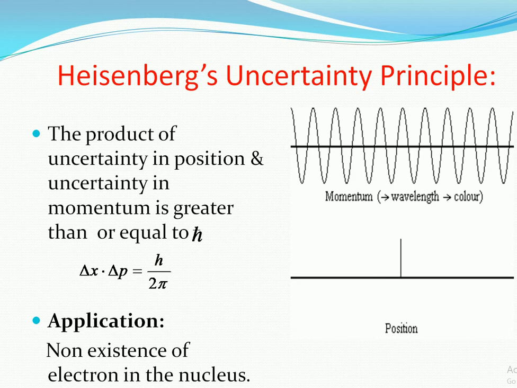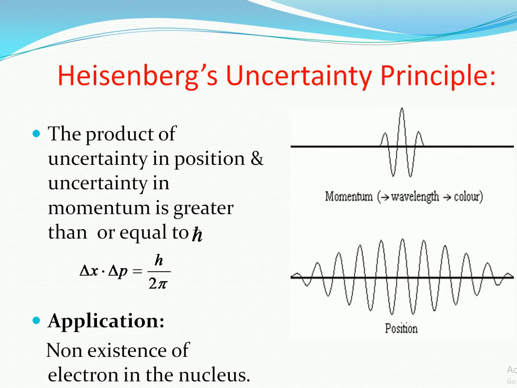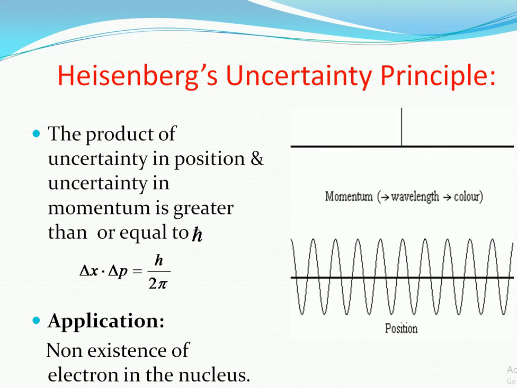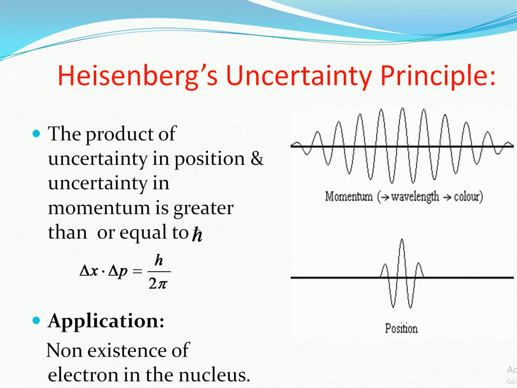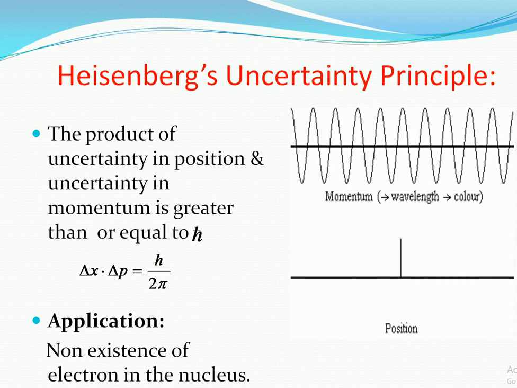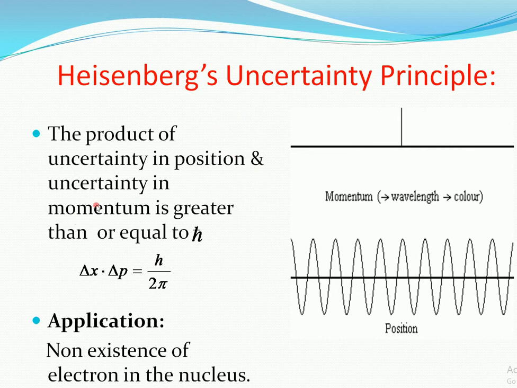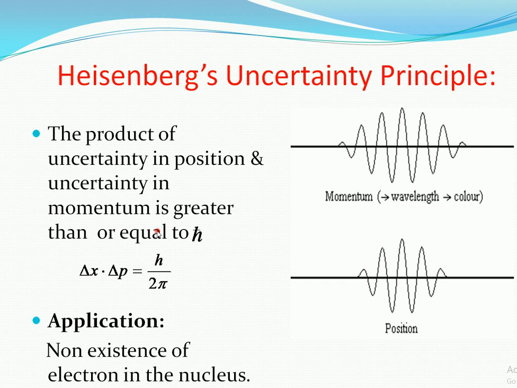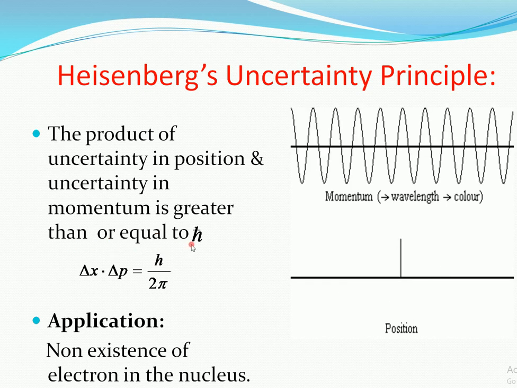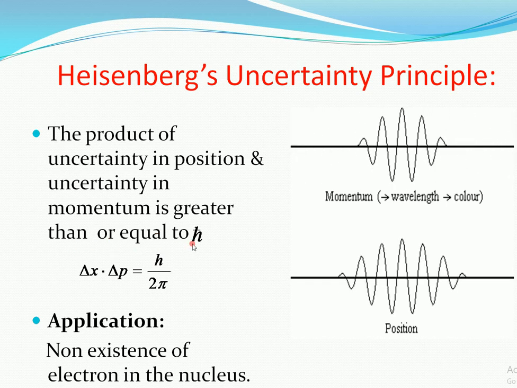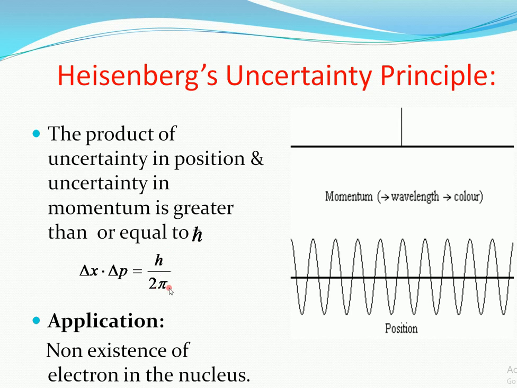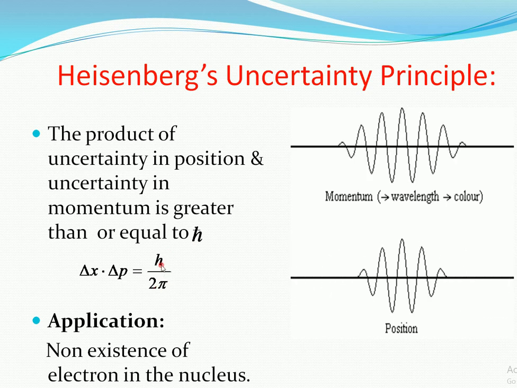Heisenberg's uncertainty principle. This Heisenberg's uncertainty principle is a main important part of quantum mechanics. According to Heisenberg, the product of uncertainty in position and uncertainty in momentum is greater than or equal to h cross, where h cross is equal to h upon 2 pi and h is Planck's constant.